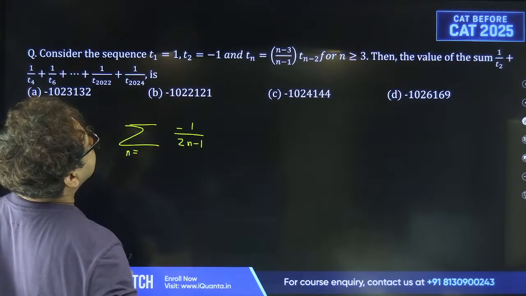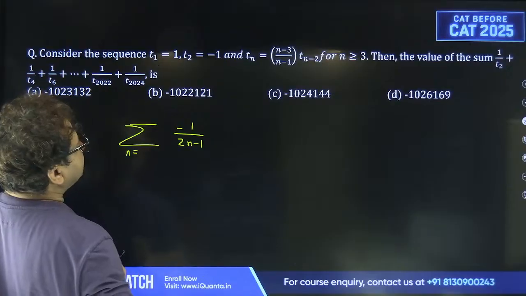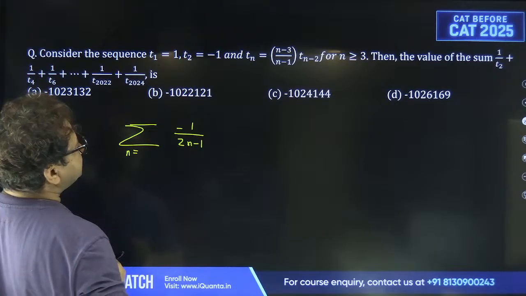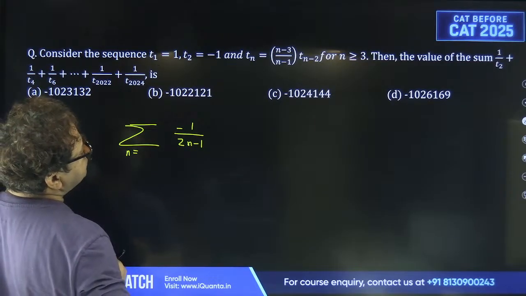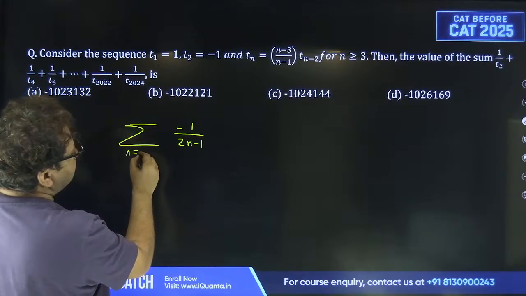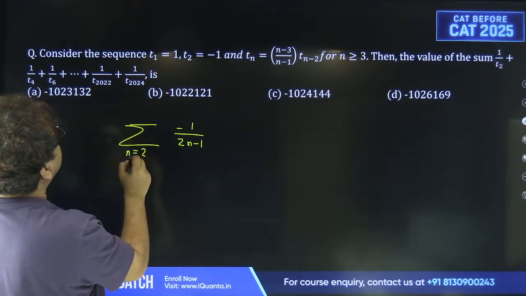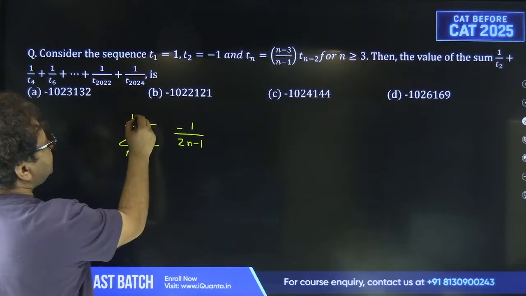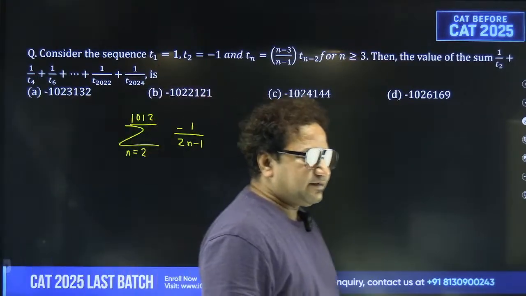So 1 by T2. n starts at 1, right? And ends at what? 1012. Let's put the values and get the answer.